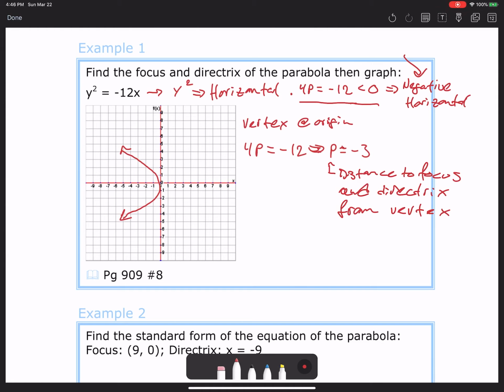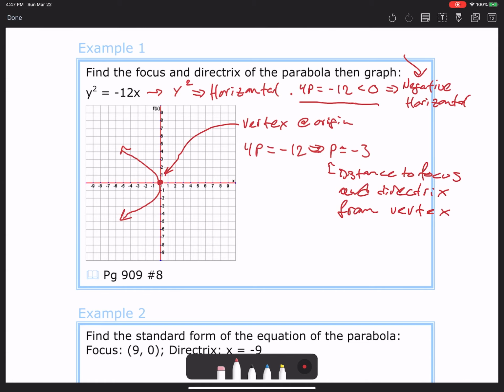Well, if the vertex is at the origin, which we said, and the distance to my focus is 3 units, do you think it's going to be 3 units above, below, to the left, or to the right of the vertex?